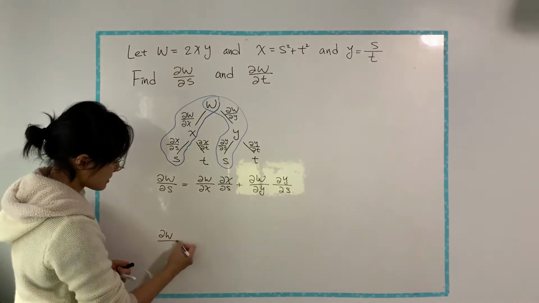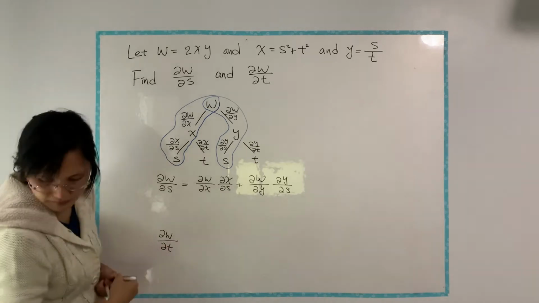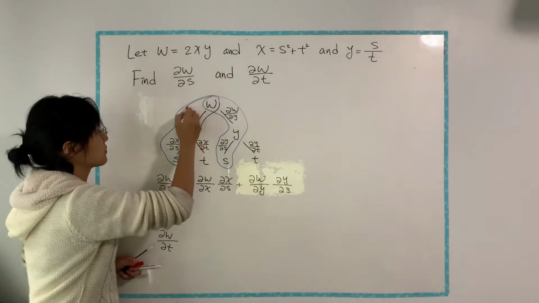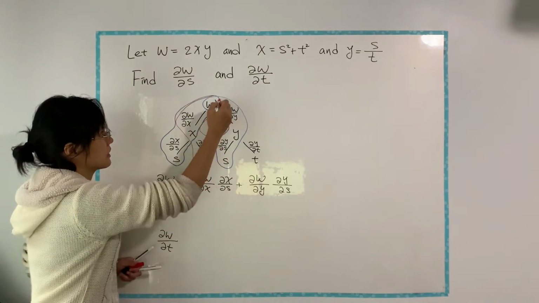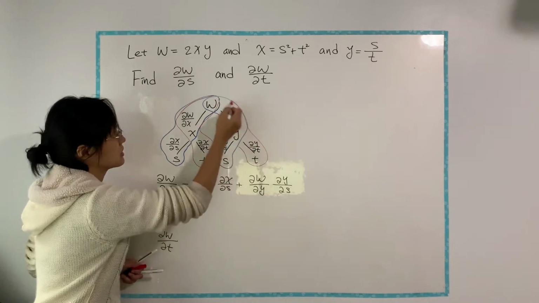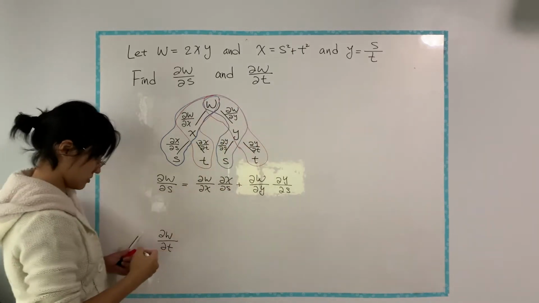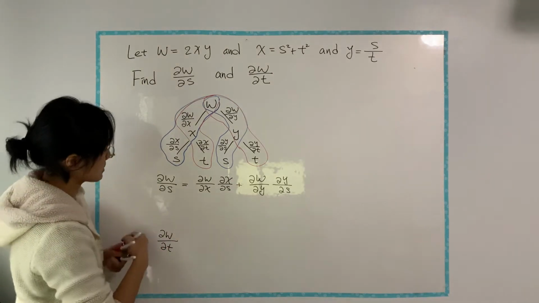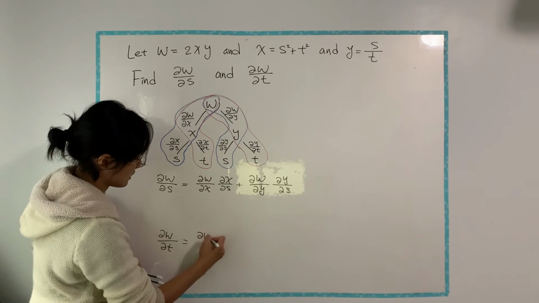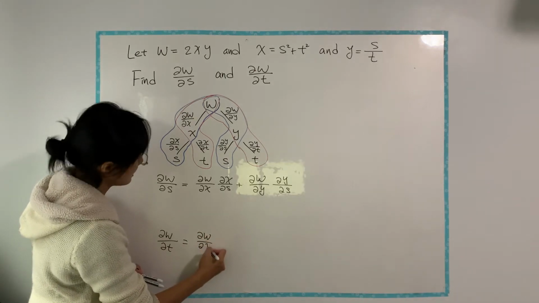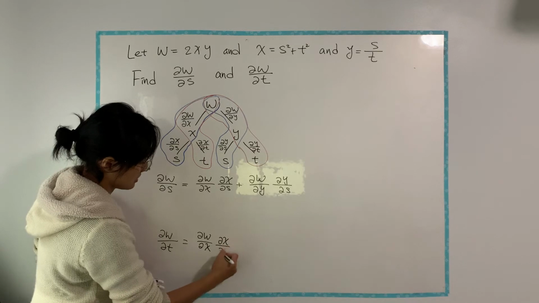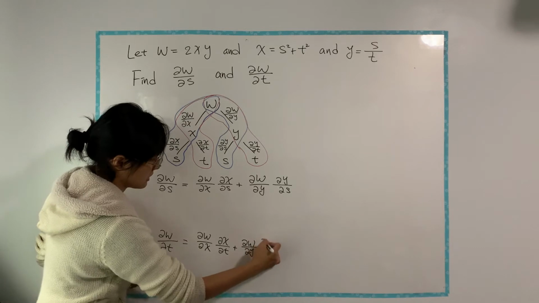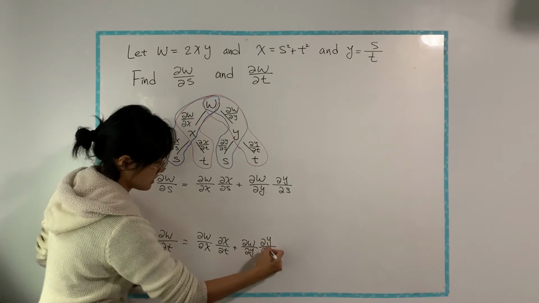Similarly, dw dt, you find all the branches that connect w to t. So I found these two. And so reading the branches, I see that this is equal to dw dx dx dt plus dw dy and dy dt.